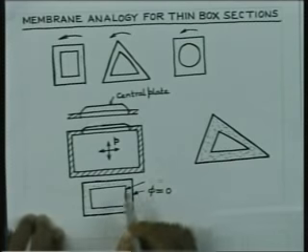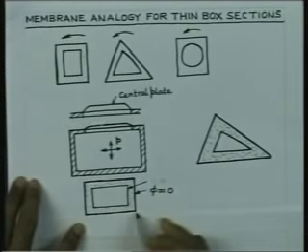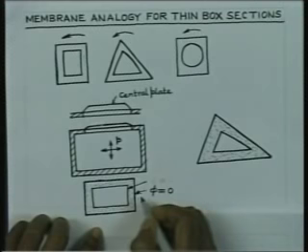So, we have 0 deflection all along the boundary, and this phi is constant along the boundary.